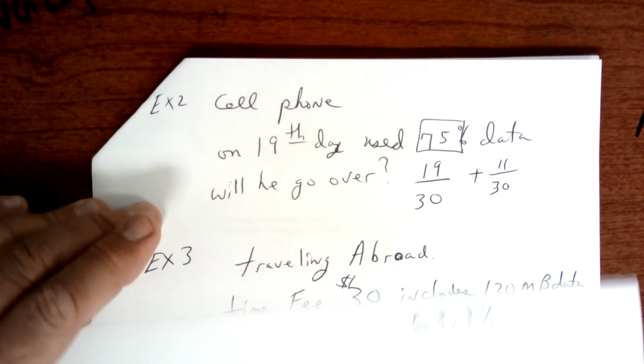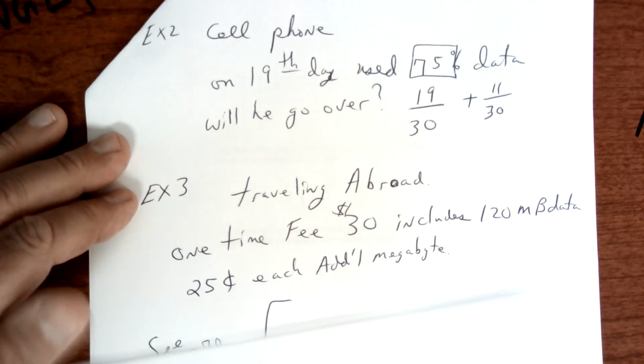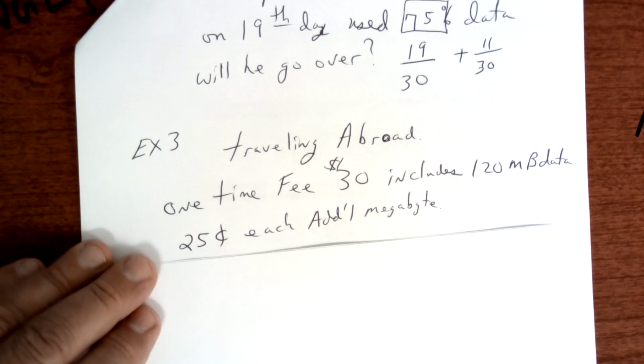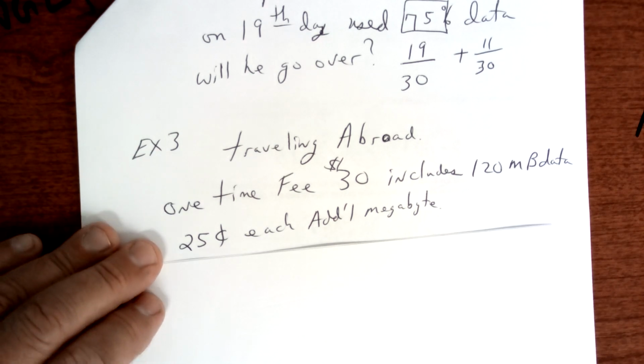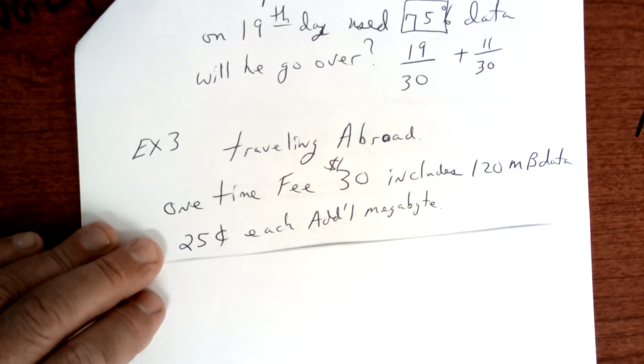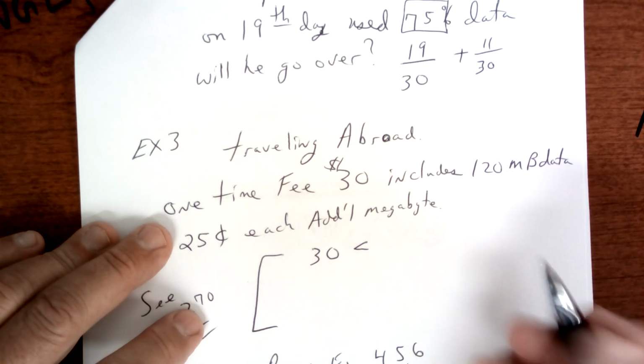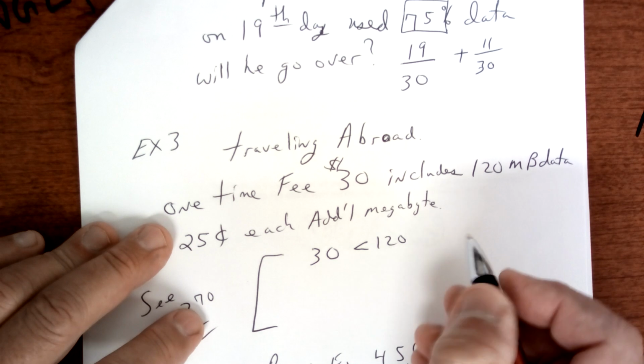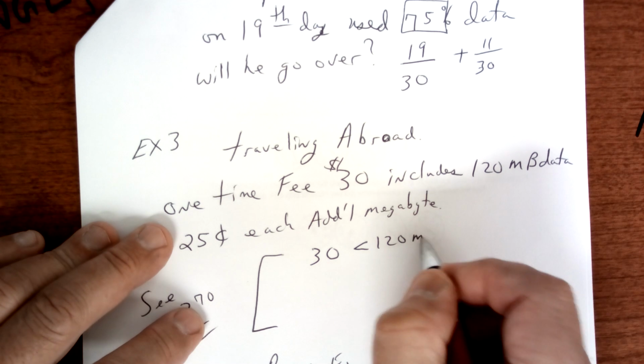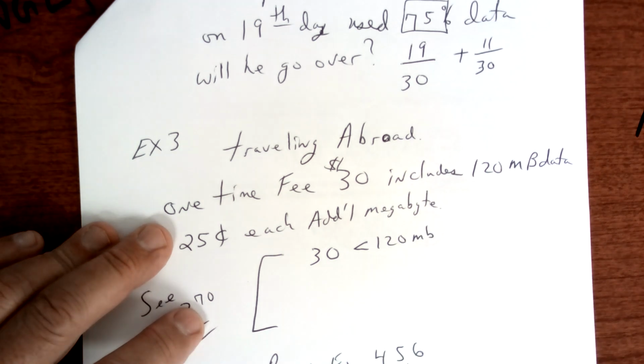This last one right here, you have to come up with what's going on here. So in other words, it's going to be $30 a month if they stay less than 120 megabytes. So they'll pay $30. Okay?